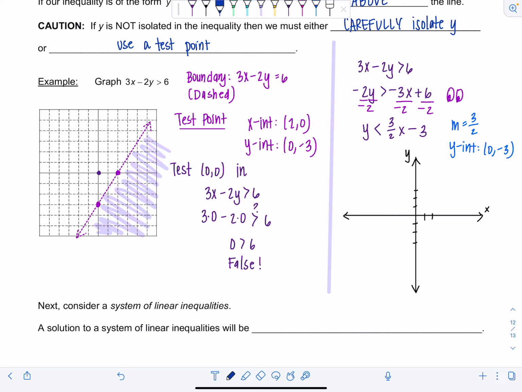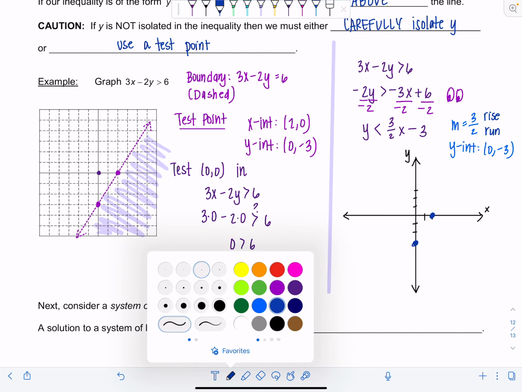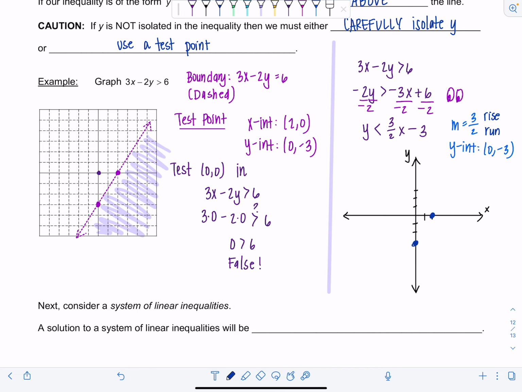So let's do it. Here's 0, negative 3. Up 3 over 2, right? The slope is up 3, run 2, dashed line, and then we have to decide where to shade.